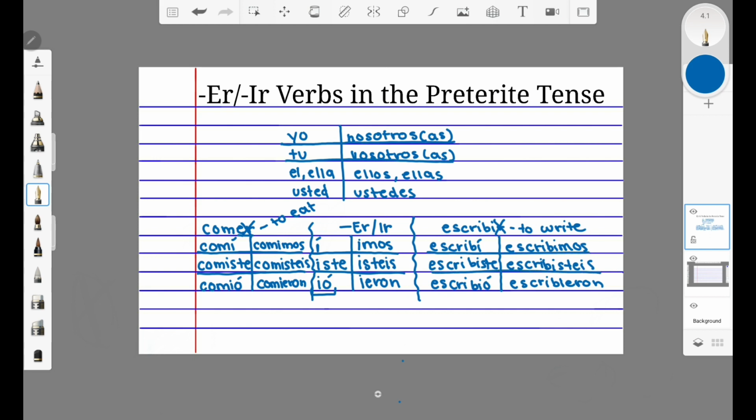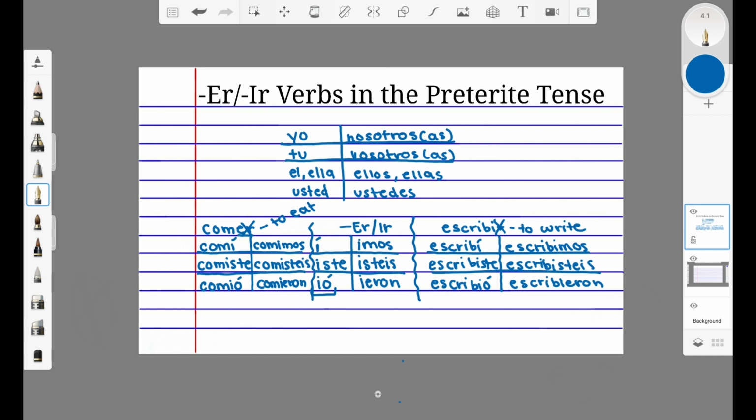So now you have your chart for AR verbs, ER and IR verbs. So basically we've covered mostly everything in the preterite tense other than irregular verbs, which will be the next video.